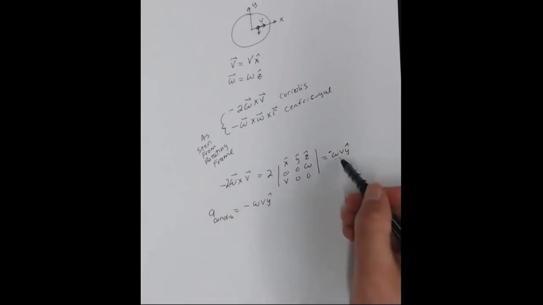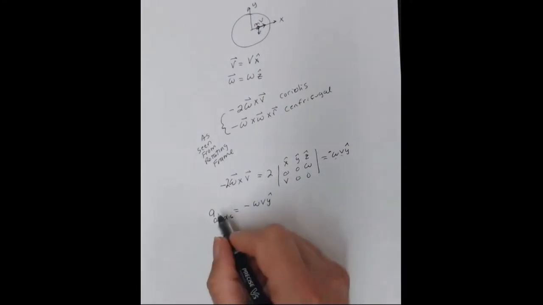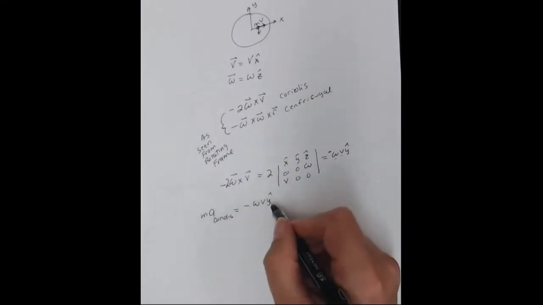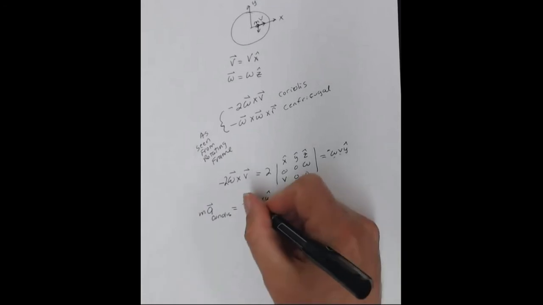The greater of those two, the greater the force. So if he has a mass m, the Coriolis force will be this times m.